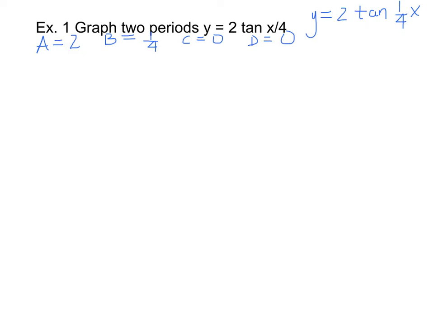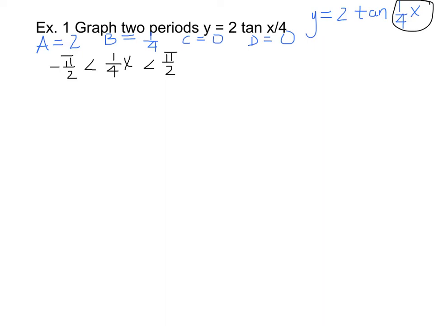So what you have to do first is take the bx minus c, and you're going to find your vertical asymptotes by using that inequality. You're going to put 1/4 x in the middle, and you're going to solve for x.